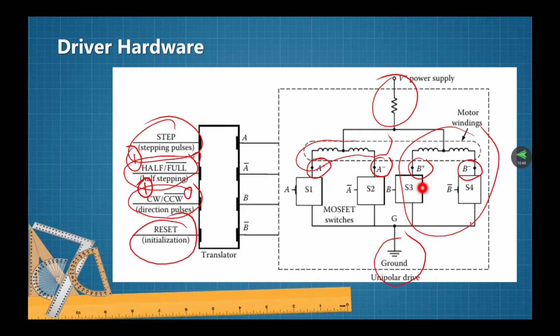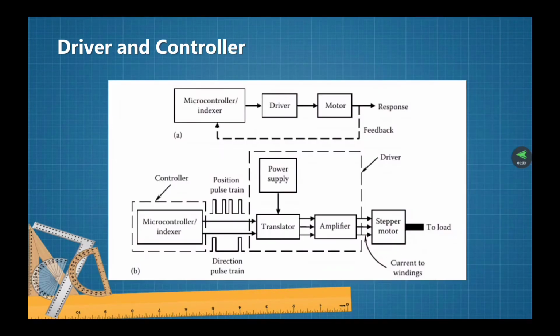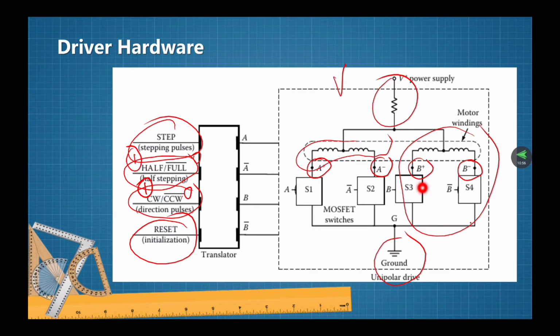And we can see from this figure the logic hardware to interpret the information carried by the stepping pulse signal, and the direction pulse signal, or alternatively a clockwise pulse signal and a counterclockwise pulse signal, for example, step instant and the direction of the motion.